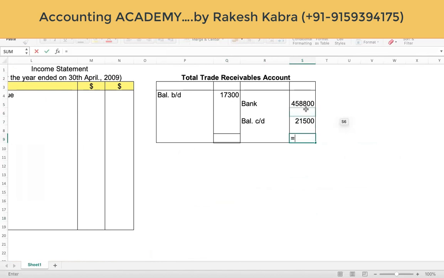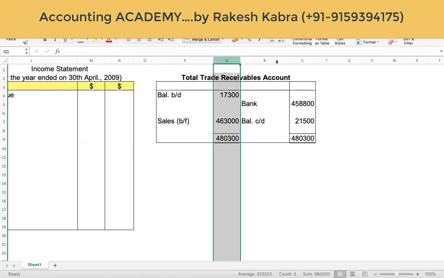Now compare both sides. This plus the closing balance, the same money I will take here, and from this total I will subtract the opening balance. So this is the revenue I got, sales, a balancing figure.